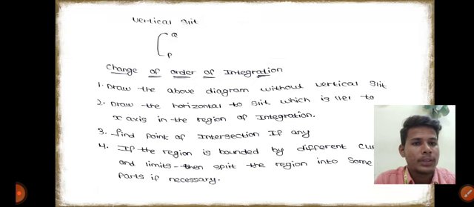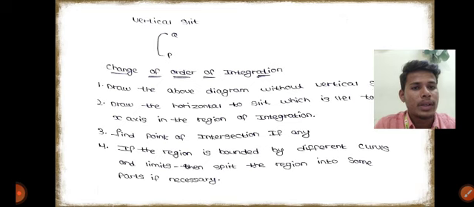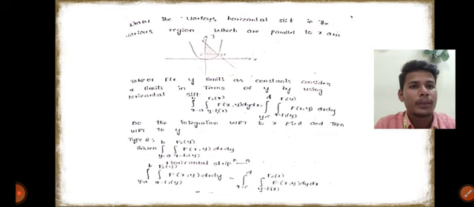If the region is bounded by different curves and limits, split the region into some parts if necessary. Draw the various horizontal slits in the various regions, which are parallel to the x-axis. Take or fix the y limits as constants.